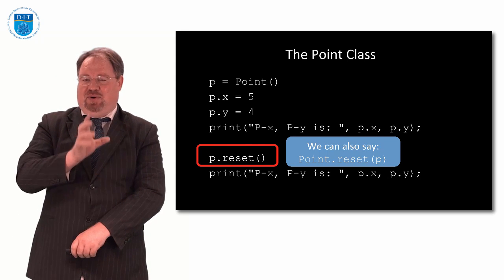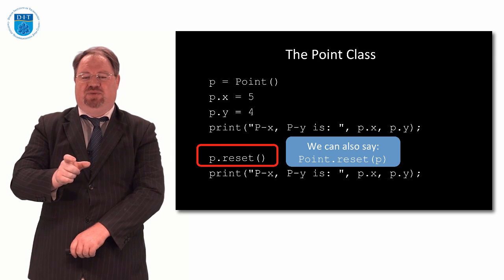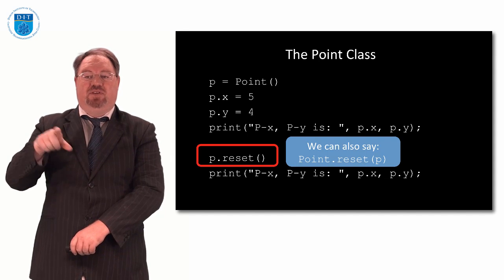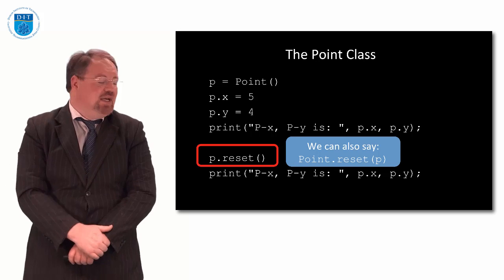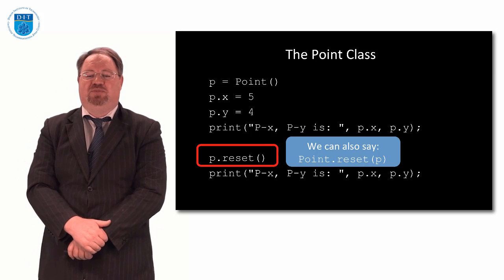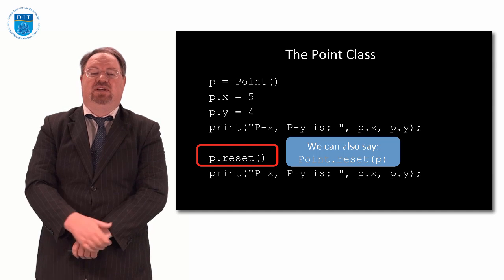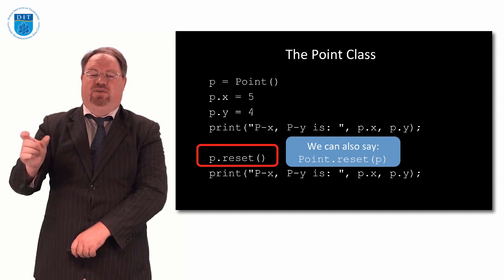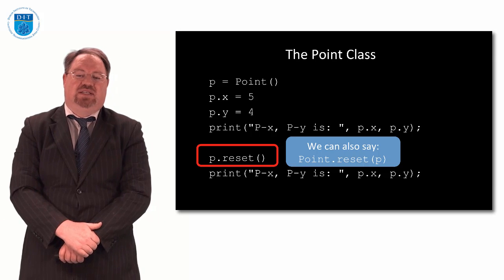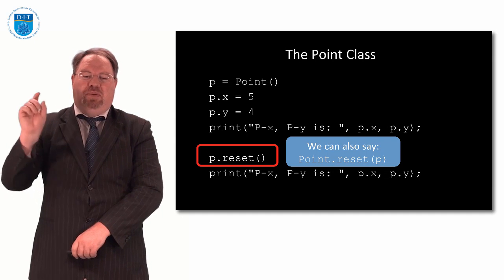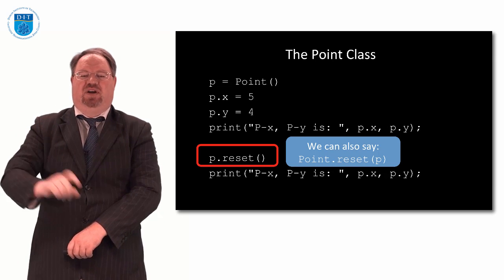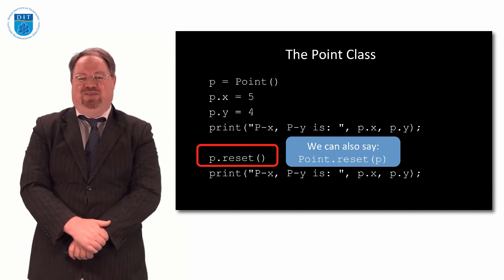So the class is point, the method inside it is reset, and if we just say for the variable p, for the instance of point that is p, or for the object p, it'll also do the exact same thing. So that'll also print out 5 and 4 and then 0 and 0, because we've reset p's x and y value to 0 and 0.